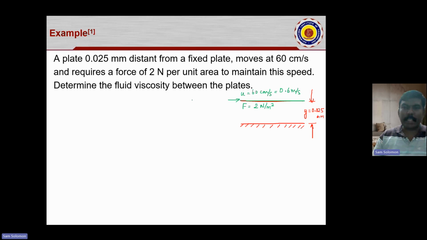So what is given to us is the speed of the plate as 0.6 meter per second. The distance is 0.025 mm, let's say 2.5 into 10 to the power minus 5 meters.